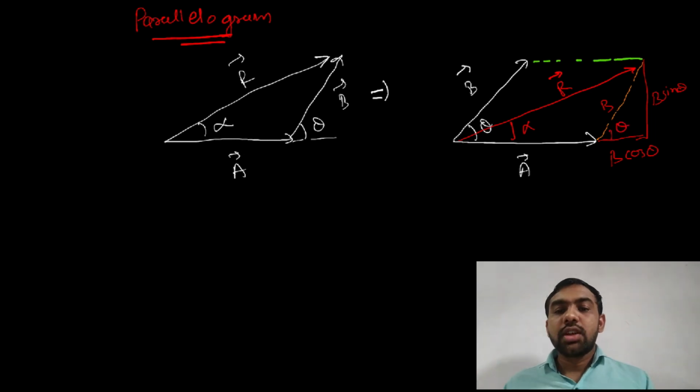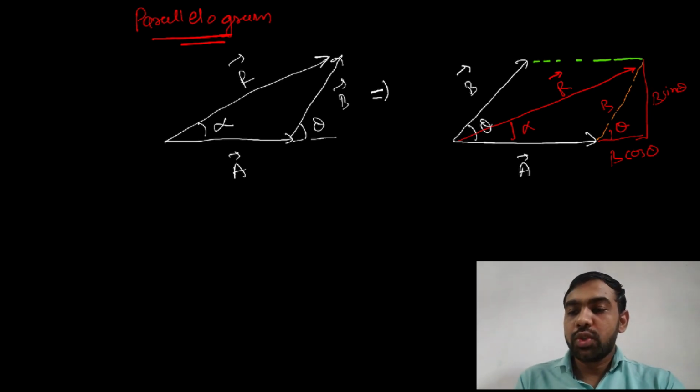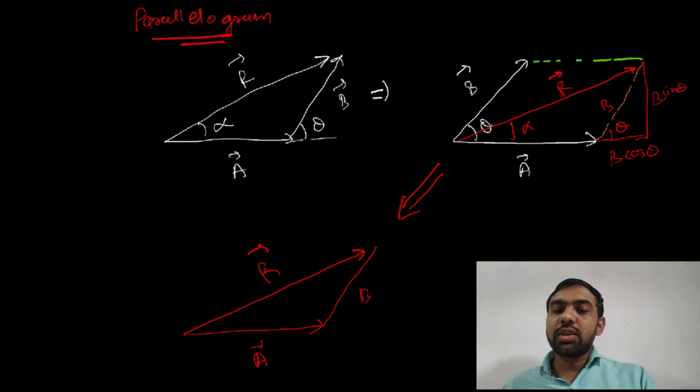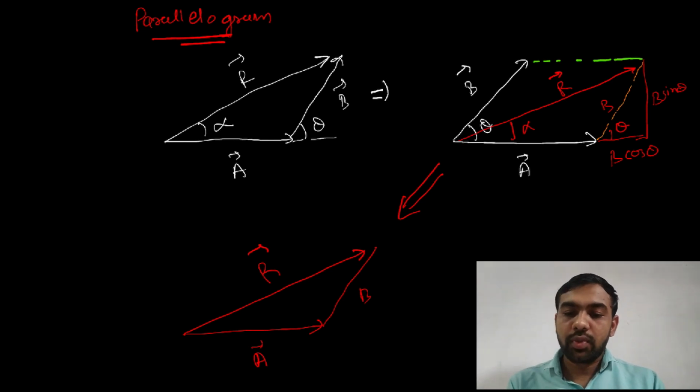Actually I am telling all of you, you must draw this type of figures. Both are equivalent. See, both are equal. You draw the below part of this parallelogram, then you get this answer. See, here it is A, here it is B, and that is the resultant. Exactly the same. So use the parallelogram, you get the same answer.